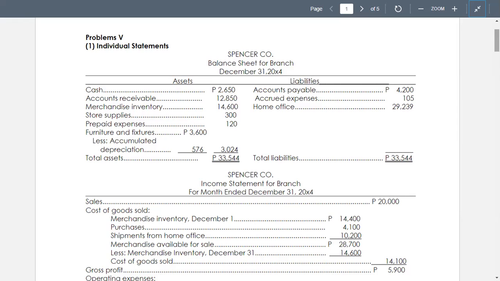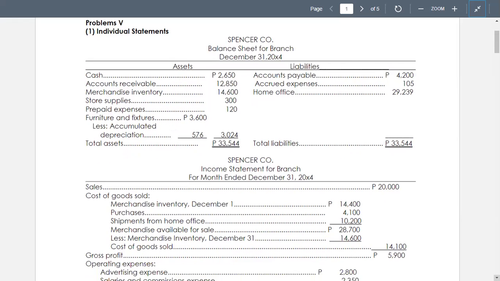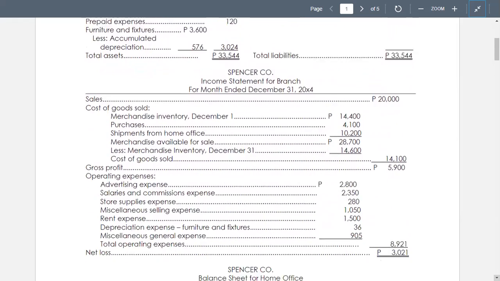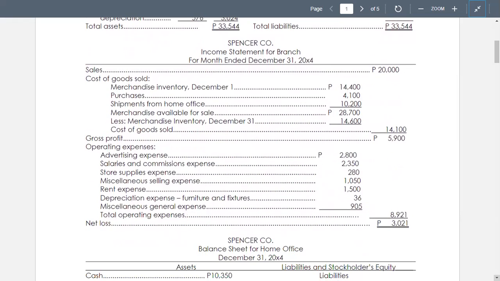Now for the income statement of the branch, we begin with sales, then merchandise inventory beginning, 14,400. We add purchases, and then we add shipments from home office at billed price.